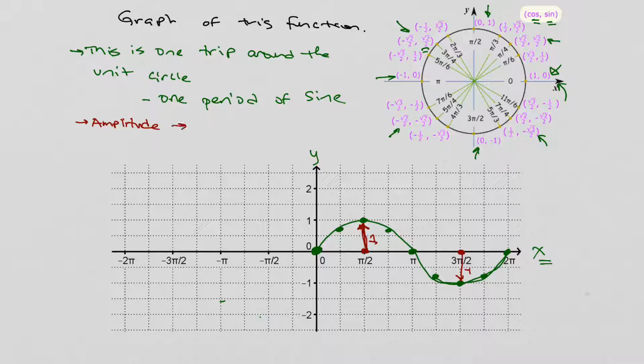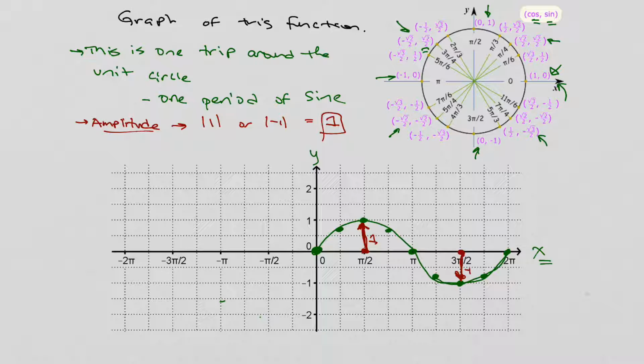In this case, it's just the absolute value of 1 or the absolute value of negative 1, which still just gives me 1. So again, the amplitude is the distance from the middle of the graph to either the high point or the low point. We are 1 unit up or 1 unit down, so the amplitude is just 1.